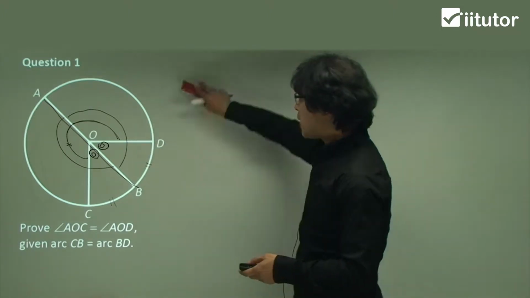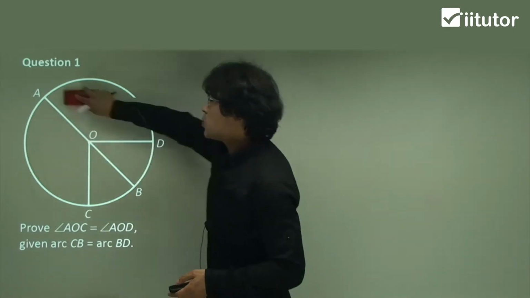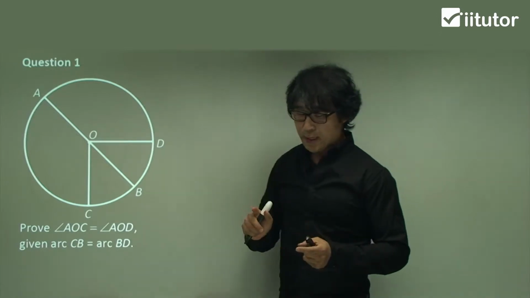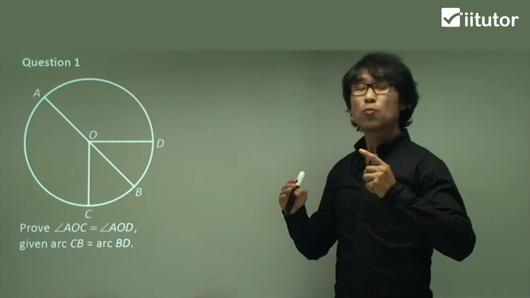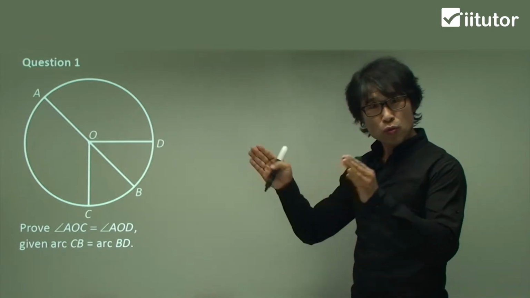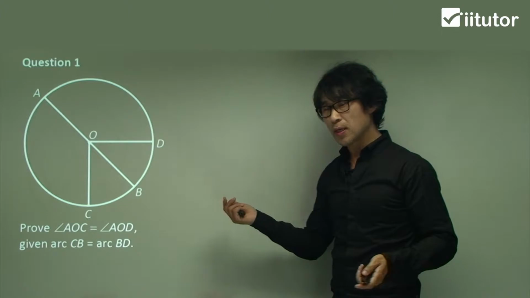Okay, let's start. I'd like to show you how to write your answer properly. Always, not 100%, but more than 95% of your writing must be followed by a good reason in brackets. That's the prerequisite of this topic. Let's go on.